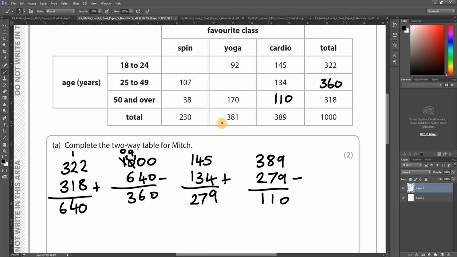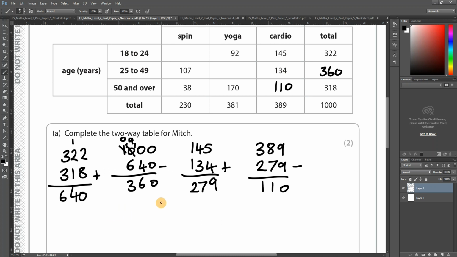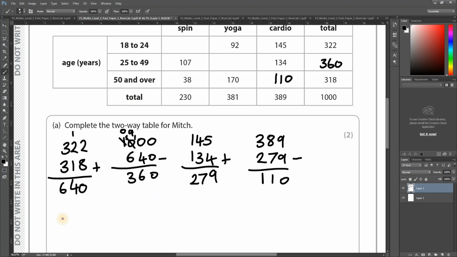Right. So next we can do. In fact, we can go this way if we wanted to. Yeah, might as well. Let's do 107 plus 134.